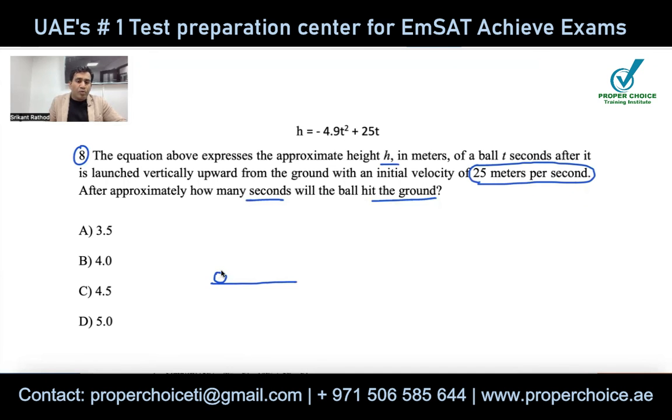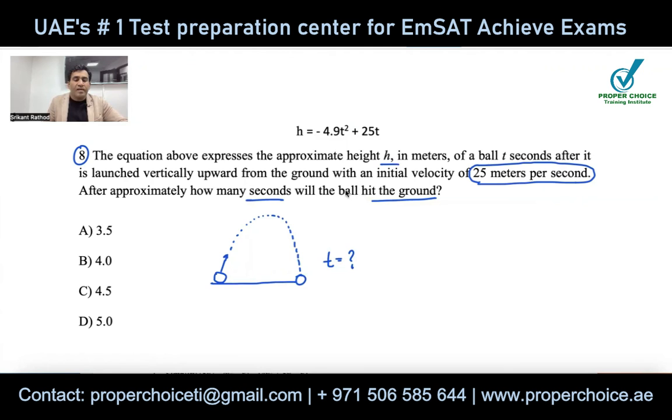The ball is thrown upward with an initial velocity of 25 meters per second, goes up to the highest point, and again has to fall on the ground. The question says, from the time of throwing until it hits the ground, what is the total time it took? In other words, for how long the ball was in the air. We have to calculate the time.